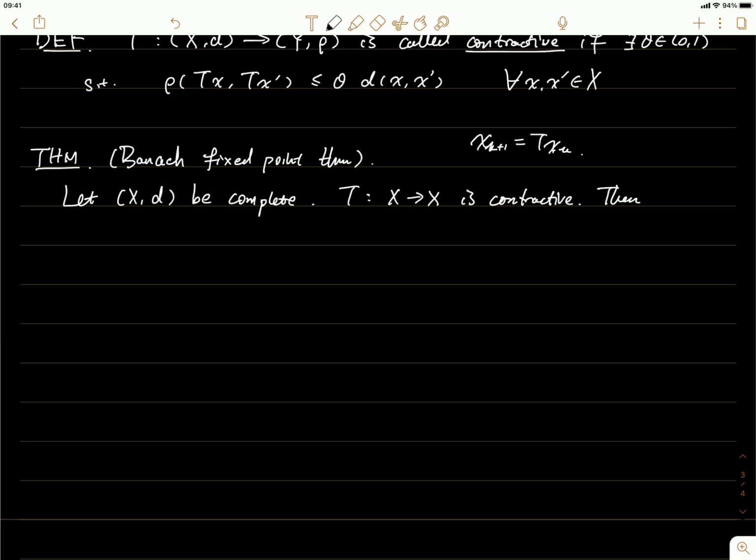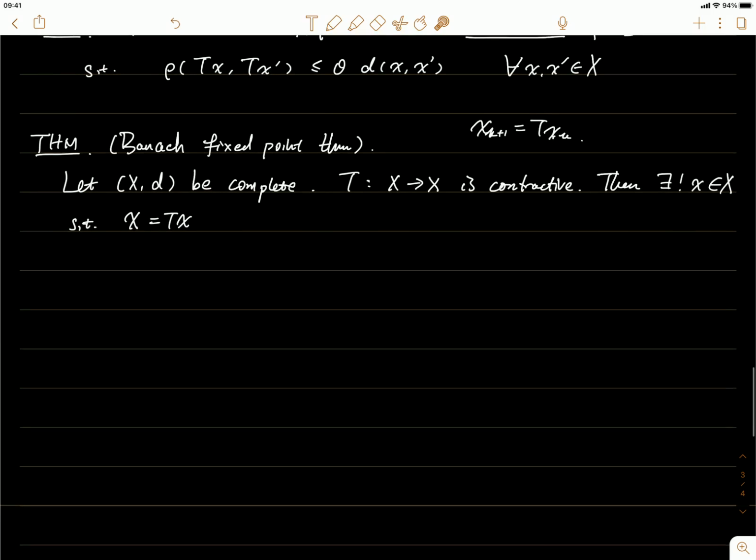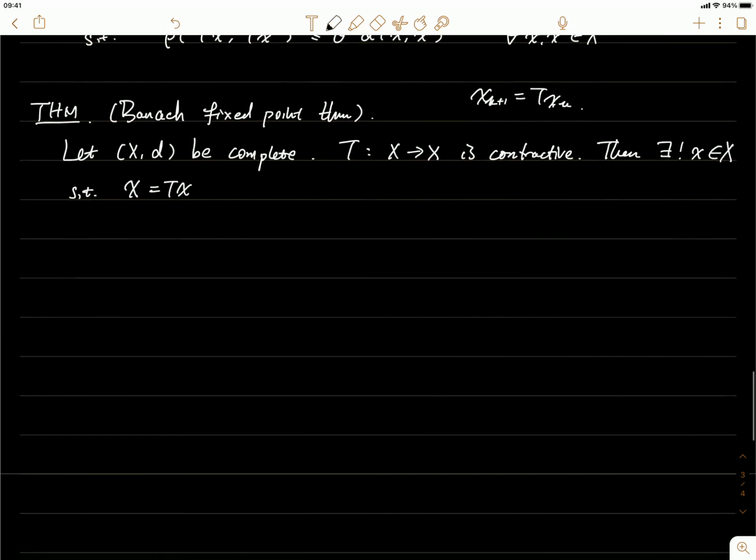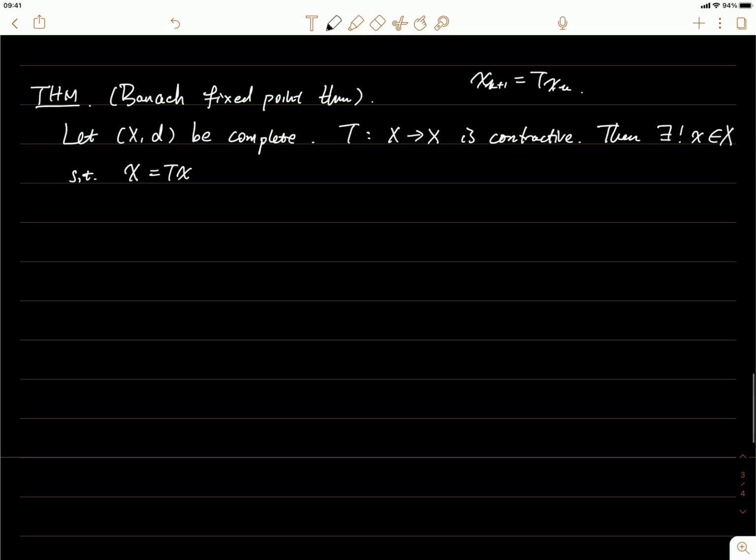Then there exists a unique fixed point of T on this space X. There exists a unique x such that Tx is equal to x. So this means that x is a fixed point of T. The Banach fixed point theorem says that if T is contractive and X is complete, then this fixed point must exist and it must be unique.